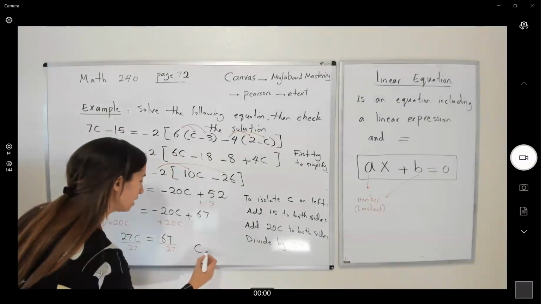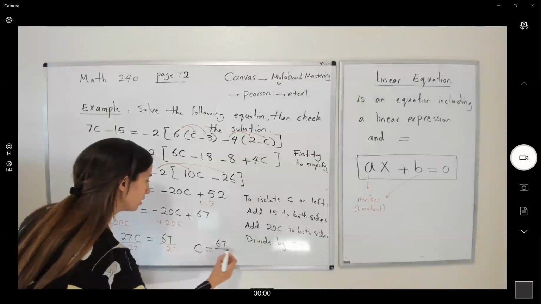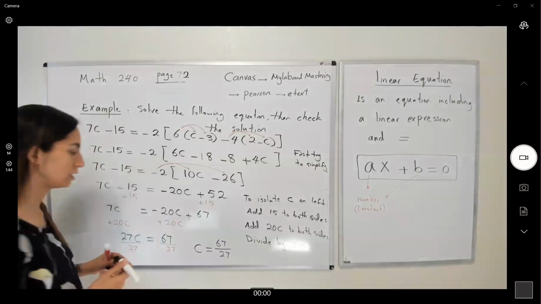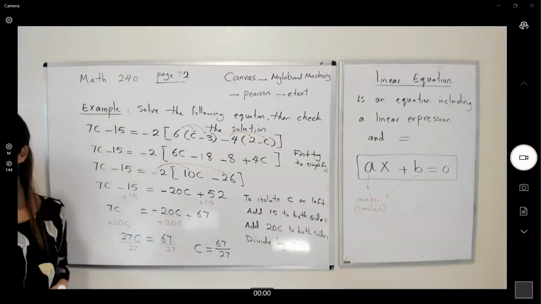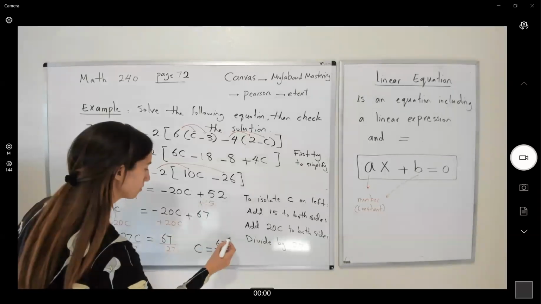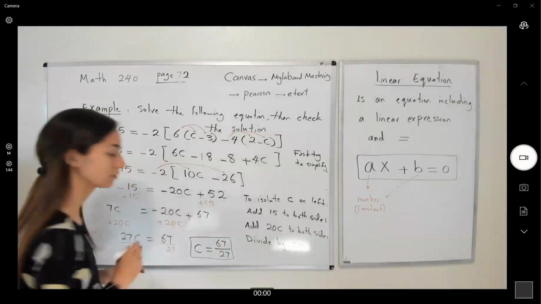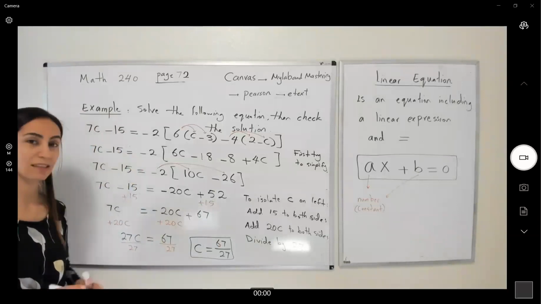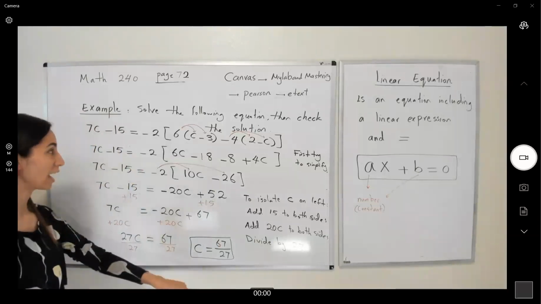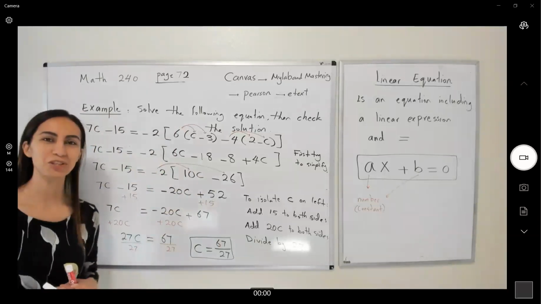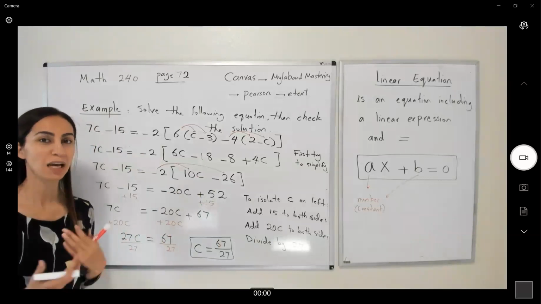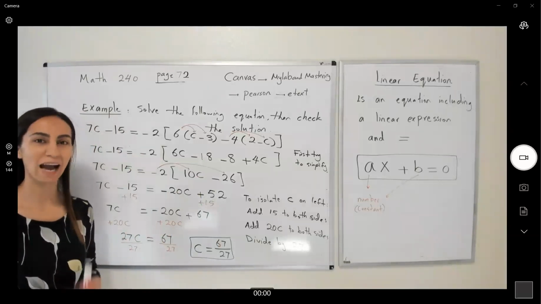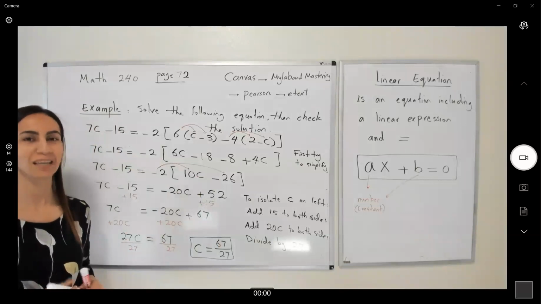So c is equal to 67 divided by 27. To make sure this is the correct solution, we have to get back to the original equation and check to see if this is the actual solution for this linear equation or not.